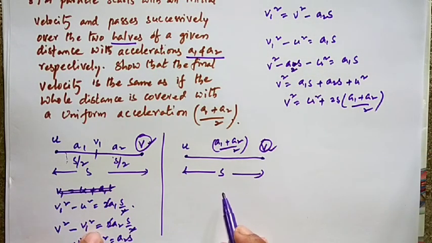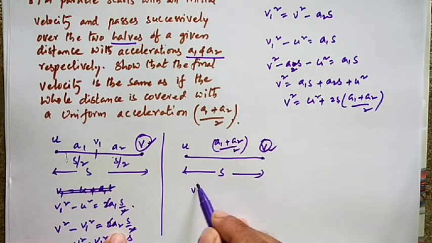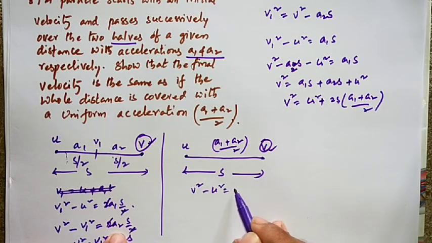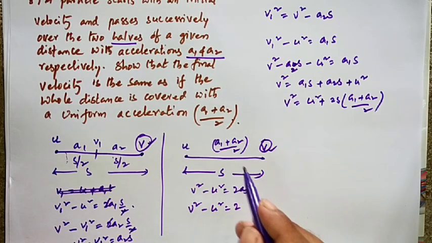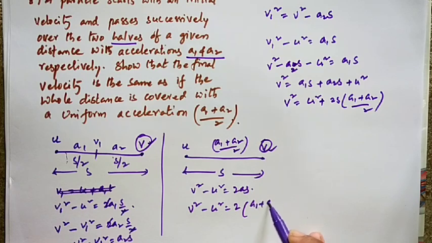Now see here what is the final velocity value. So what is that? v square minus u square is equal to 2as formula. So that is v square minus u square is equal to 2, acceleration is how much? a1 plus a2 by 2 into s. So then v square is equal to u square plus 2s into a1 plus a2 by 2.